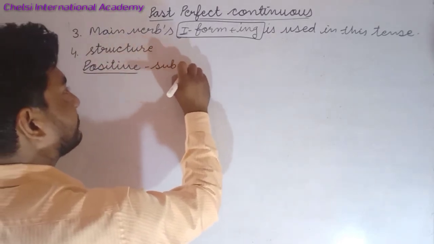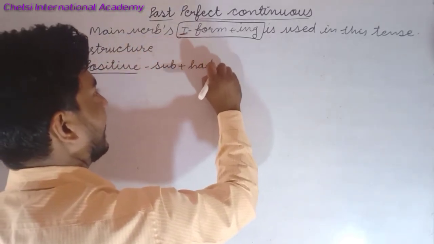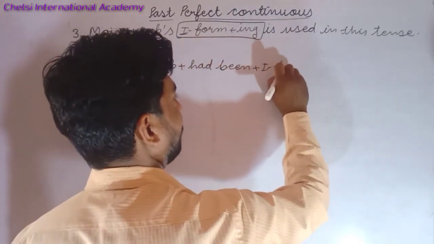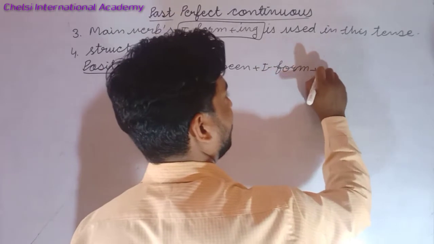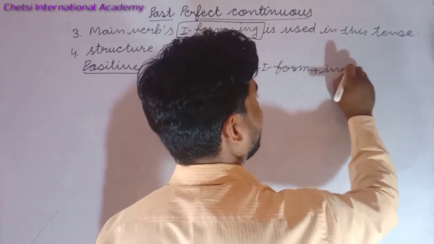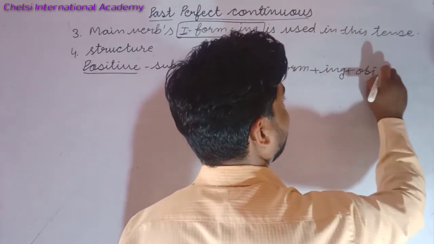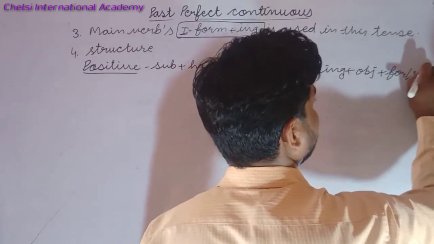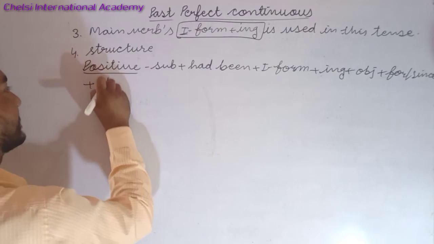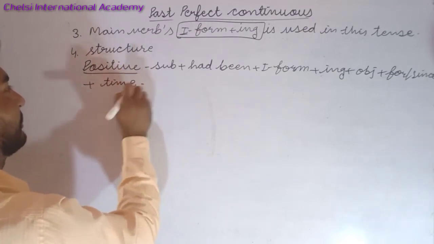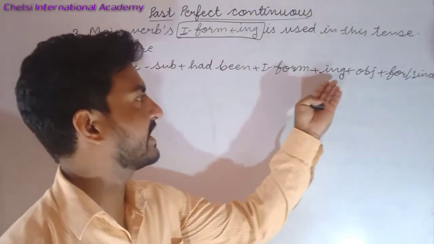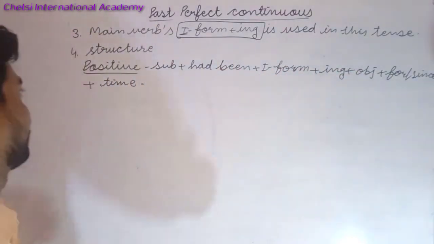Subject, had been, first form plus ing, object, plus for, since plus time. Positive sentence structure: subject had been first verb ing object for since plus time.